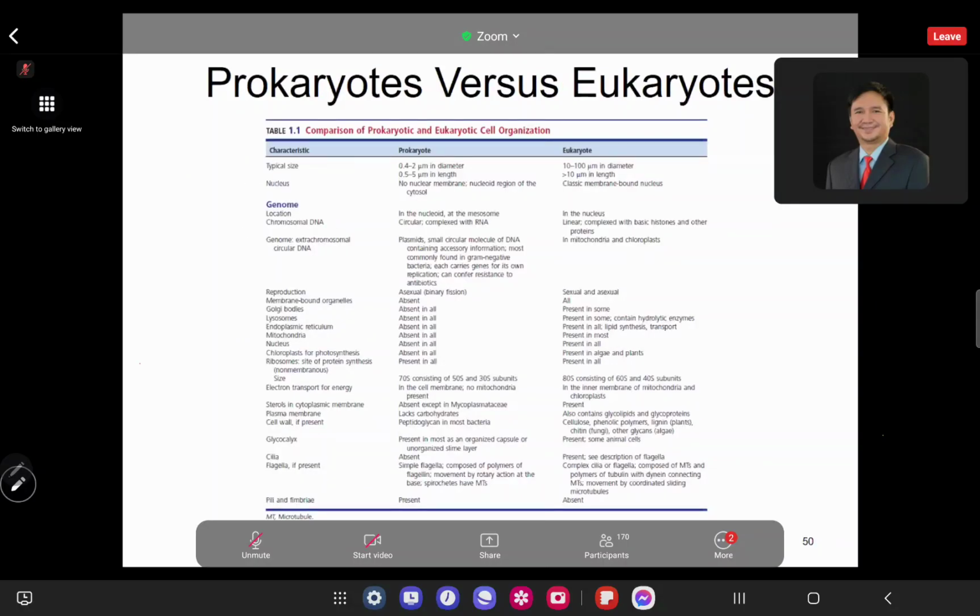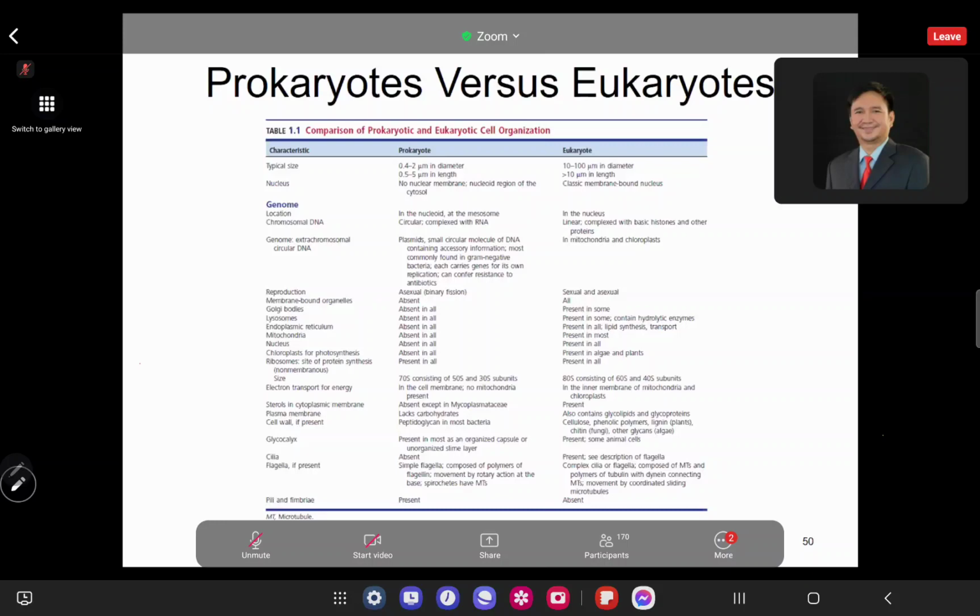Now, I want you to go over this table. It summarizes the key differences between prokaryotic and eukaryotic. So, in terms of size, which are larger, prokaryotes or eukaryotes? Eukaryotes. Correct.